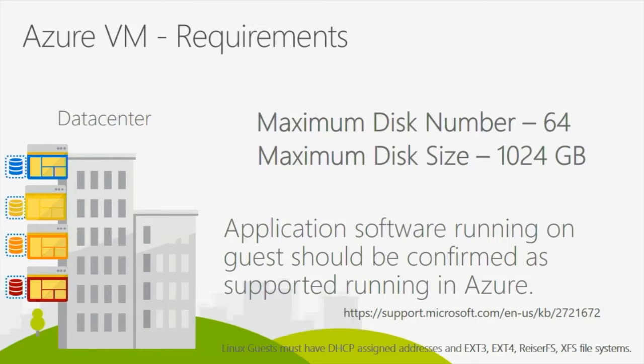But it's the second item on the slide that's probably the more important for people. In Azure, the largest data disk we can create is 1024 GB in size. That's a storage limitation. So if we've got a virtual machine with a VMDK or a VHD file attached, which is larger than 1024 GB, we can't replicate it in its current state.